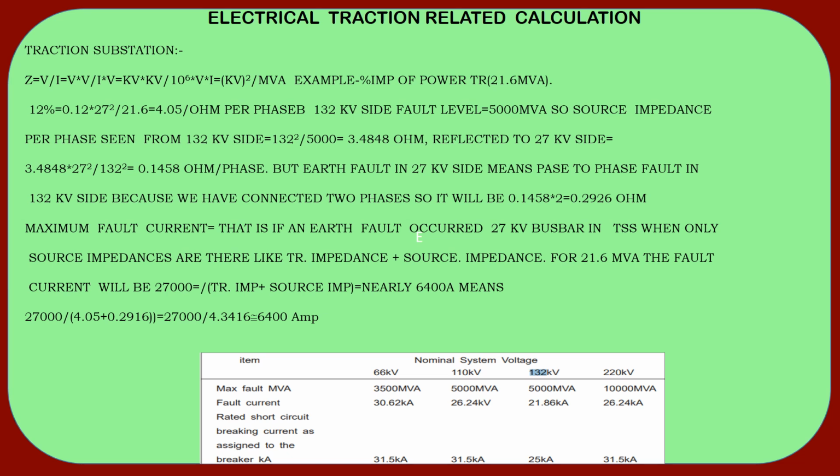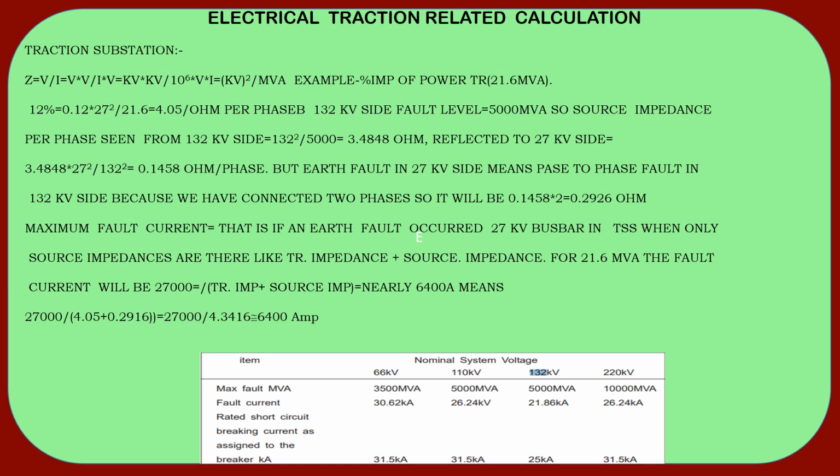Now for the source impedance, the fault level is 5000 MVA taken from the grid. Generally it is 5000 as per the guideline.